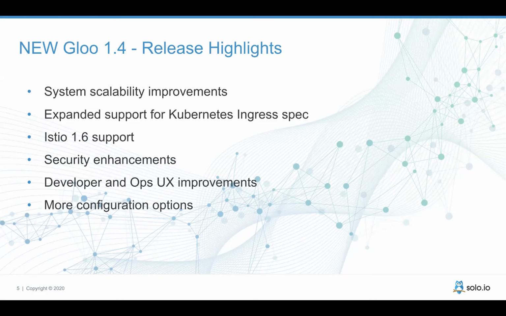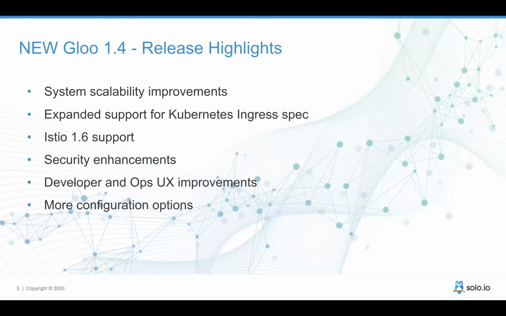Similarly, Istio released a 1.6 version, so we added support and along the way made some improvements to how we interact with Kubernetes. I'll come back to the security enhancements because that's going to be part of my demos, but we also made a number of improvements in terms of the developer and ops experience.